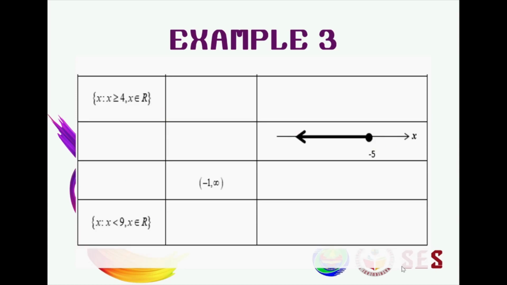Okay, right? So now we move to example 3. The question is x is greater than or equal to 4. So always draw the number line first. We only have 4. Because it has an equal sign, it is a black circle and going to the right. Why going to the right? Because x is greater than 4. The direction here is to the right, so the direction on the number line is also to the right.